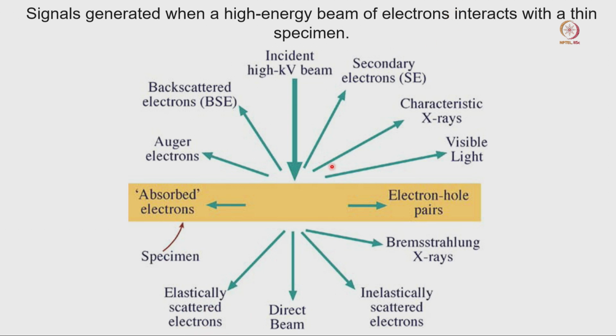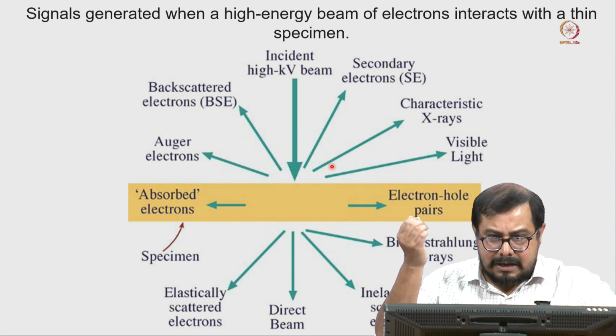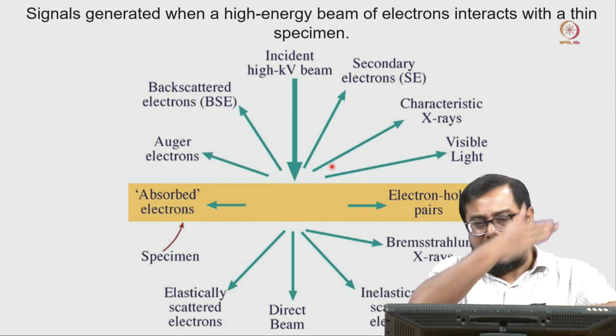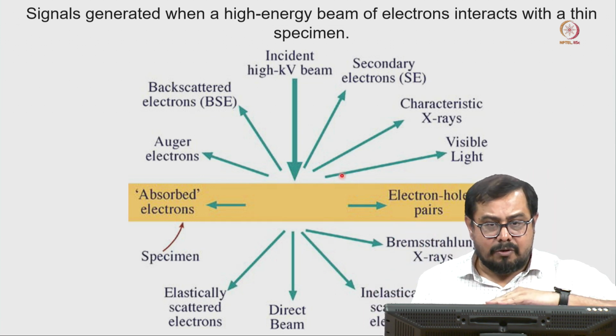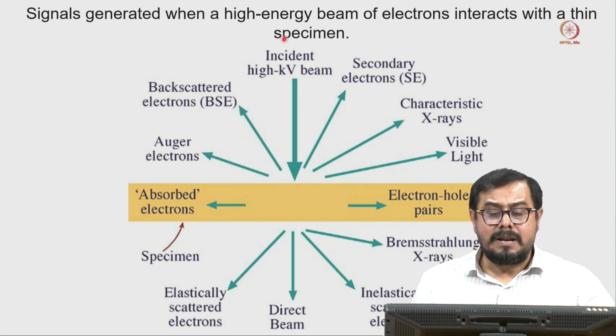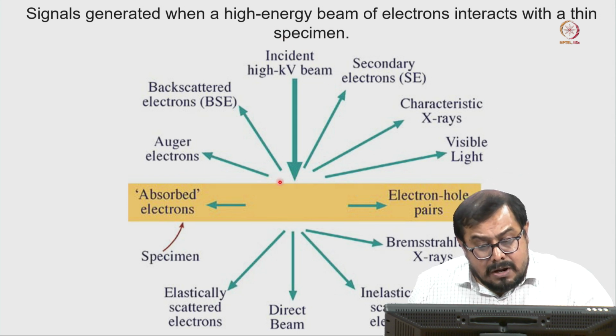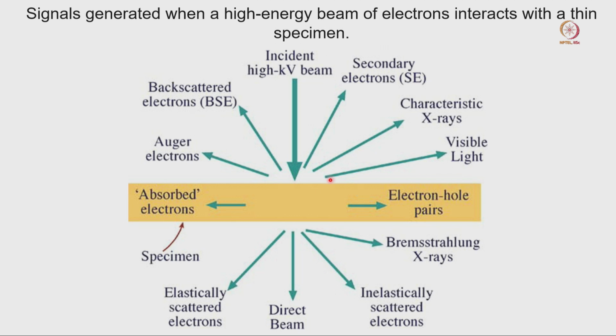Another possibility is this: if we have only photon light, and there is a mirror or glass, the light will come and reflect, right. The same kind of phenomenon is possible here also. When the incident beam comes, it will go back, and at that time it will generate secondary electrons or back scattered electrons, other electrons, and sometimes it will generate some X-rays or some visible light.